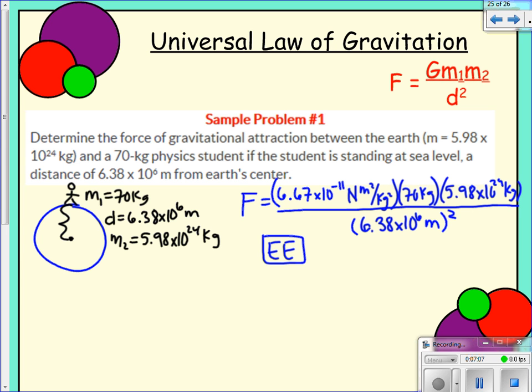Sometimes they have the EXP button, or the times 10 to the X button. But most students hopefully have the EE button. You will punch that in for the times 10 part.